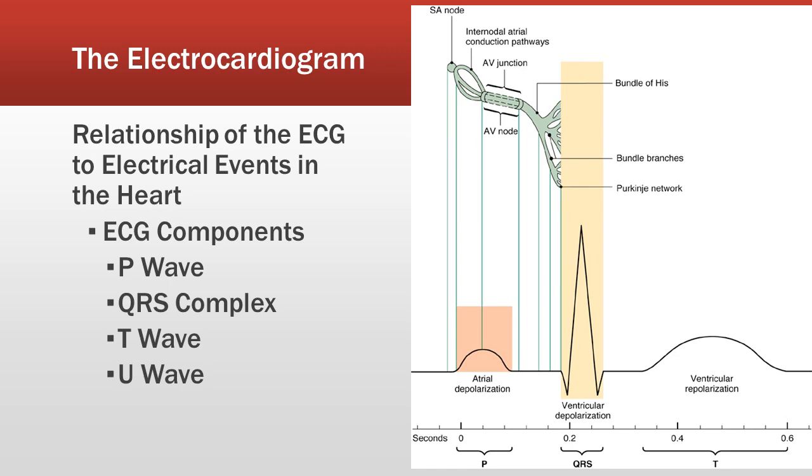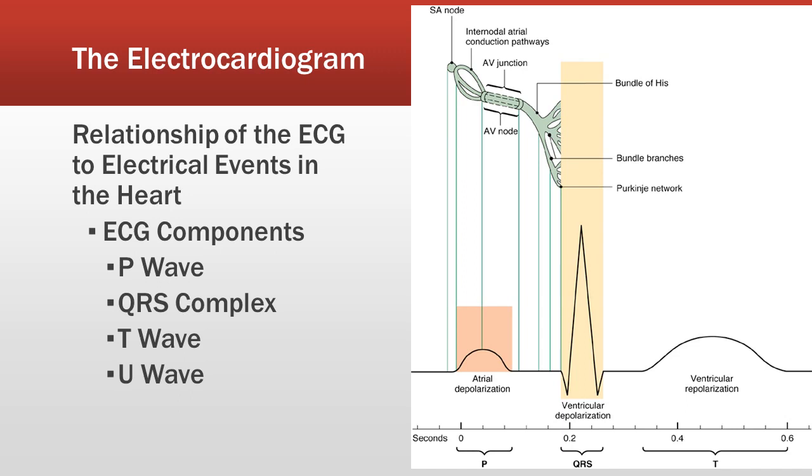Then the signal moves through the bundle of His and the bundle branches to the Purkinje fibers. Once the Purkinje fibers get that signal, we have ventricular depolarization, and that is the QRS complex. Then ventricular repolarization, as the ventricles recover, can be seen as the T wave.